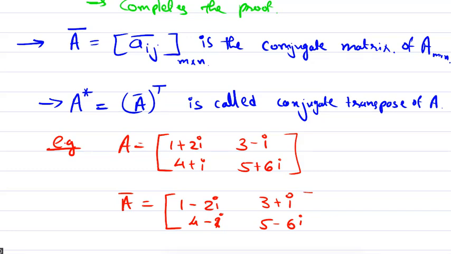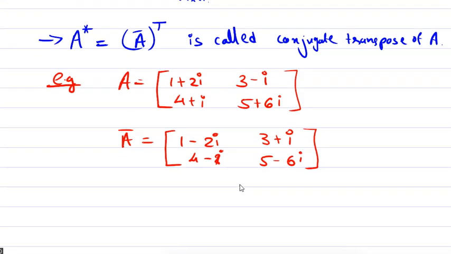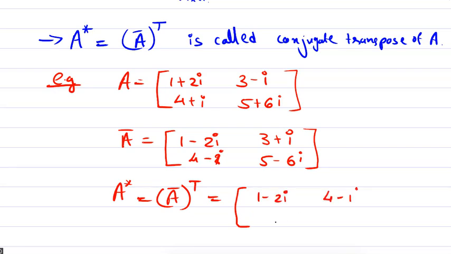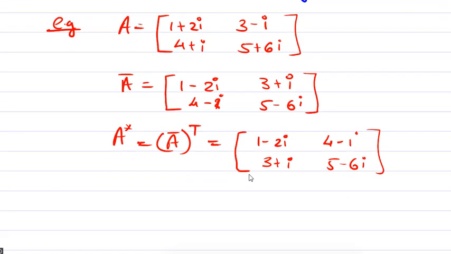Correct? And what will A star be? A star is nothing but the conjugate transpose, so all we have to do is take the transpose of this: 1 minus 2i, 4 minus i, 3 plus i, 5 minus 6i. So this is called the conjugate transpose.